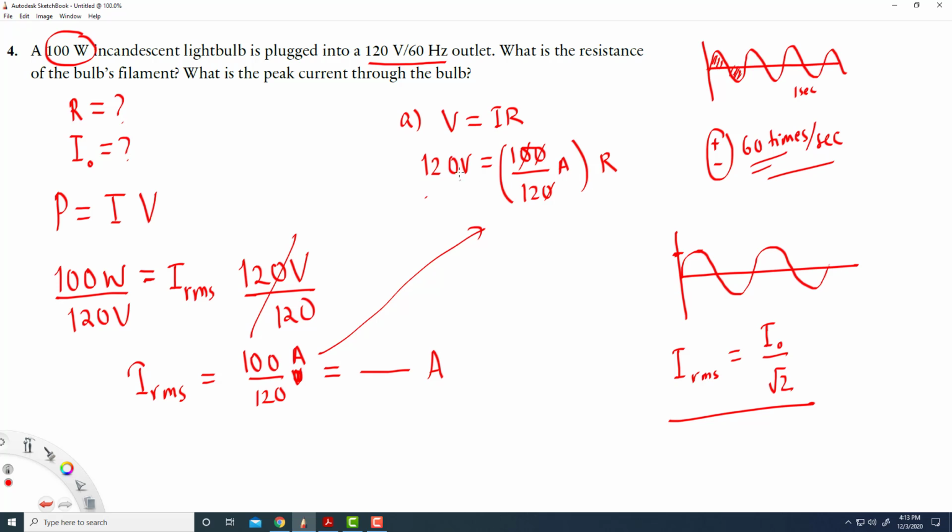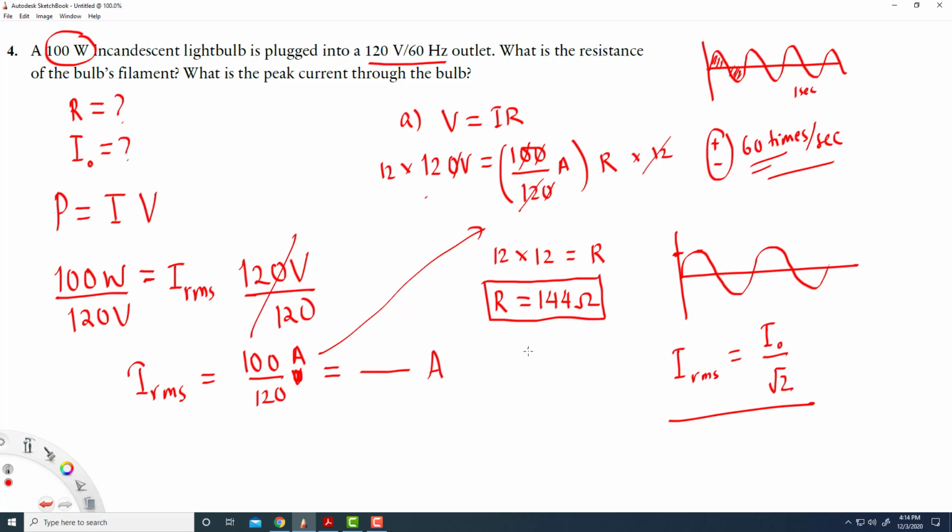You can cancel this 0 and this 0, and then multiply both sides by 12 to get rid of the 12 here. So that means 12 times 12 is equal to R. So that means R is 144 ohms. I hope my math is correct. So 120, 100 over 120. Okay, seems like that's right.